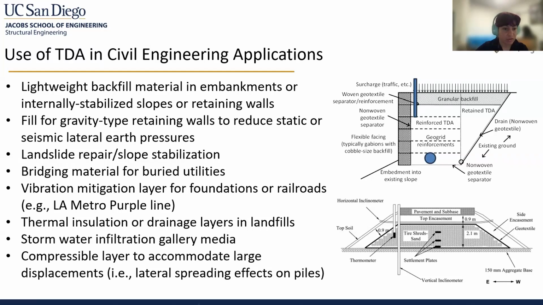It is favorable for landslide repair and slope stabilization. It can be used as a bridging material for buried utilities. It is very good in vibration mitigation, which relates to its high damping ratio. Also, it can be used as thermal insulation or as drainage layers in landfills for stormwater infiltration, and then as a compressible layer. So it is very, very advantageous as a material due to this variability in use.